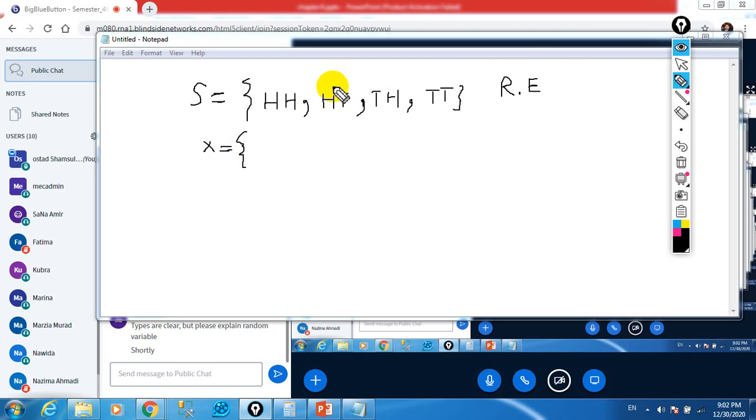So how many sample points do we have in which only one head appears? We have 2 sample points. So what are those sample points? We can say HT and TH. We can say this is a random variable.